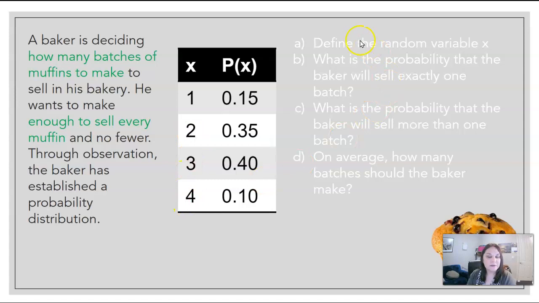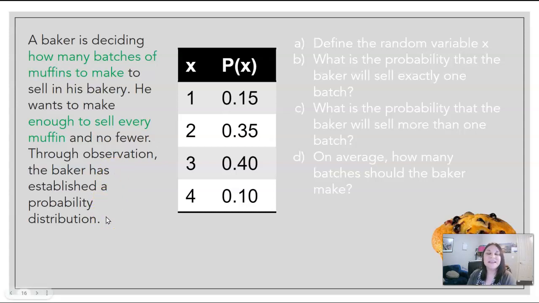So here is another example that you could test yourself on, or I'll just talk through. A baker has decided how many batches of muffins to make to sell in his bakery, and he wants to sell every muffin and no fewer. Through observation, this mathematical baker has made a probability distribution.